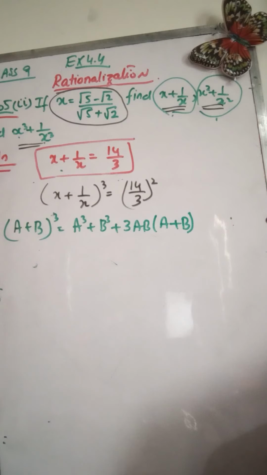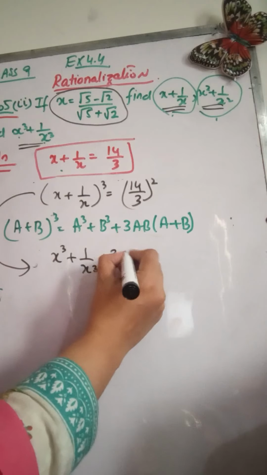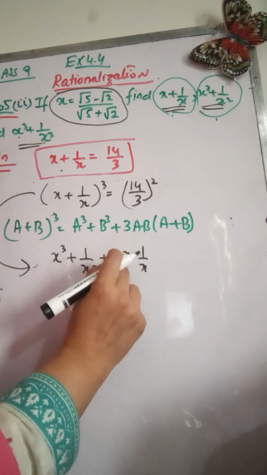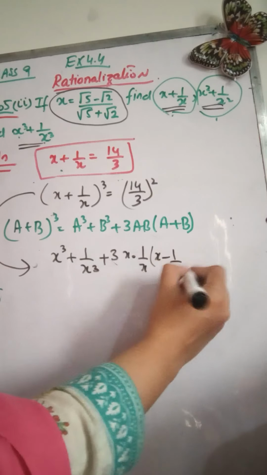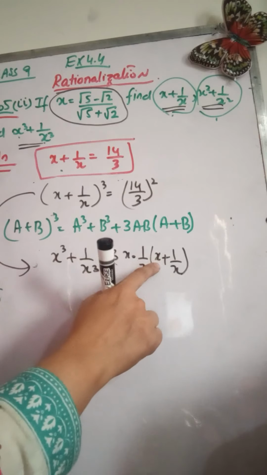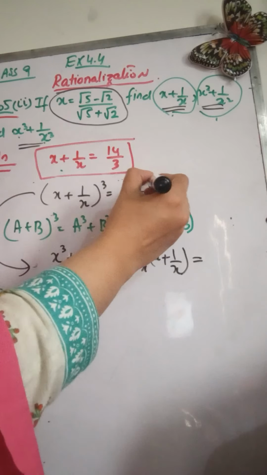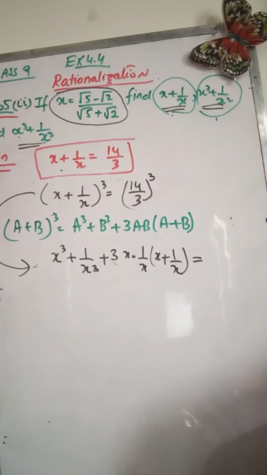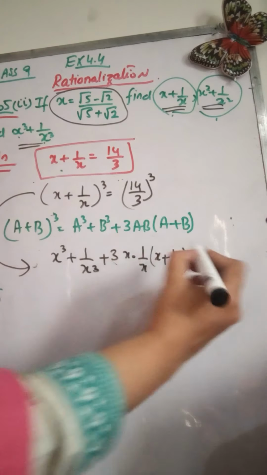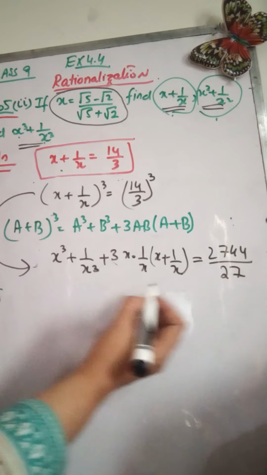I am going to apply this formula and we will get a cube plus b cube plus 3ab into (a plus b) is equal to the cube of 14, which is 2744, and cube of 3 is 27.